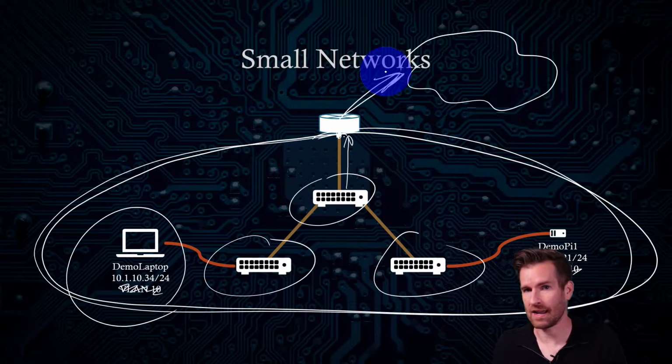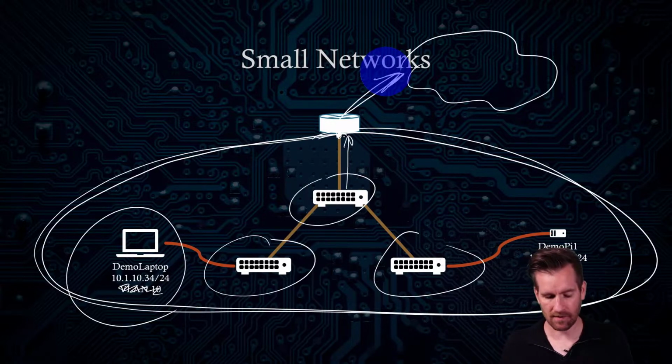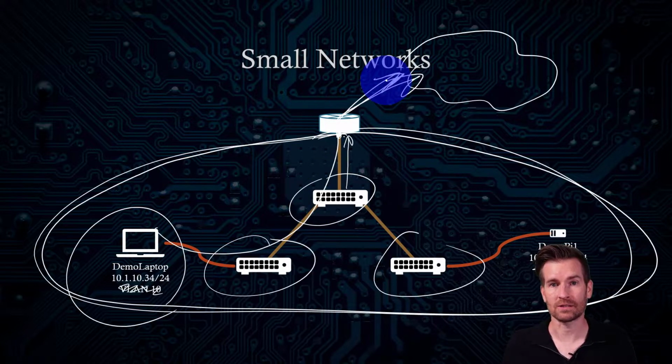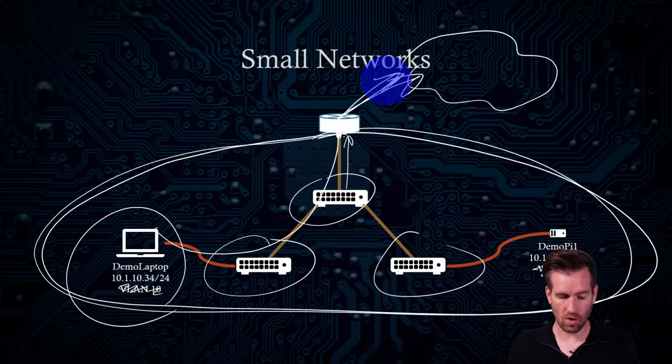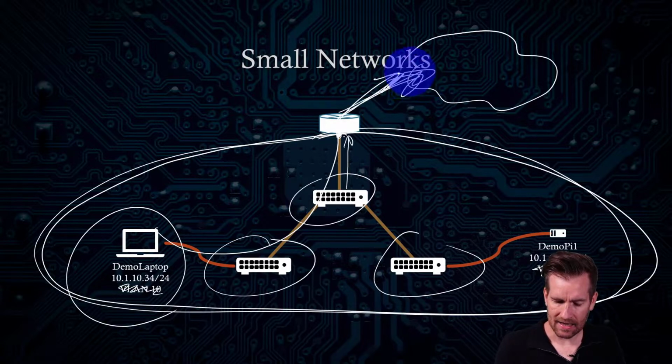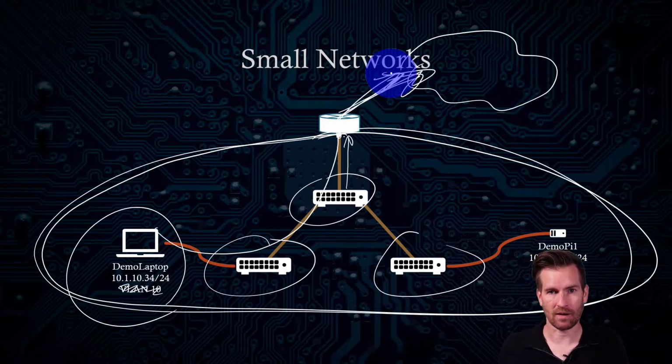It's the gateway. A lot of times we call it the default gateway because it is the gateway that is going to go out to the rest of the world if there is no local area network resource there and it's trying to get out to the rest of the world. So that is a typical small network.